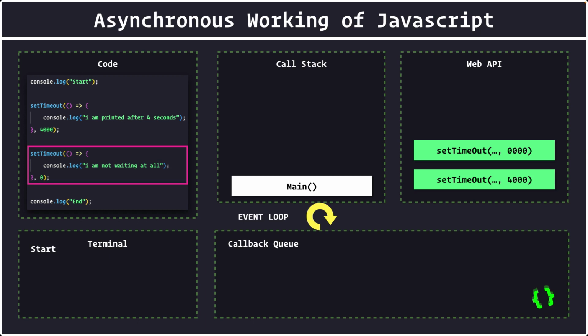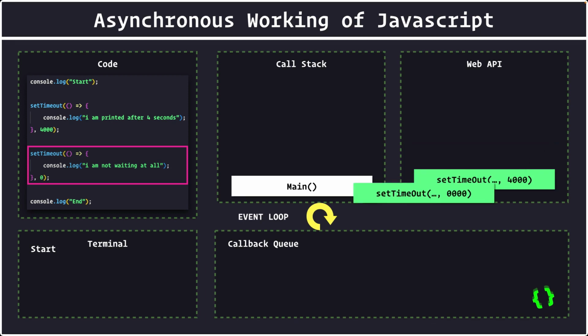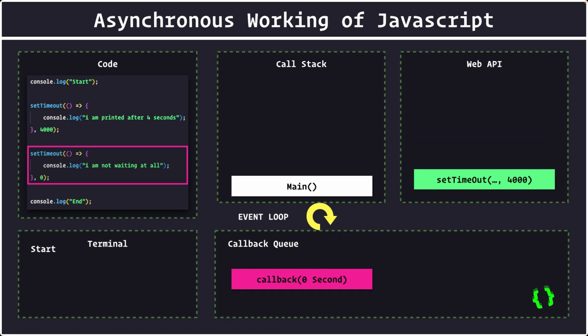The code whose time is up and needs to be called first gets added to the callback queue for execution. Since there are no items in the list, the callback gets added right up front. So we have this callback and it is ready to get executed. But before it can be executed, it needs to be added onto the call stack. That is where functions go to run, right? Now this is where the event loop comes into play.